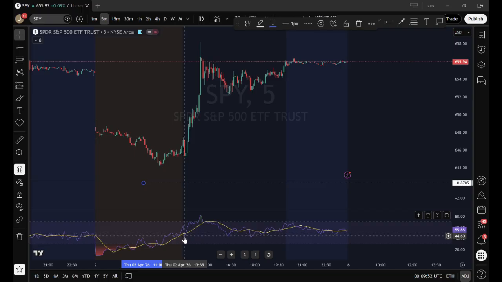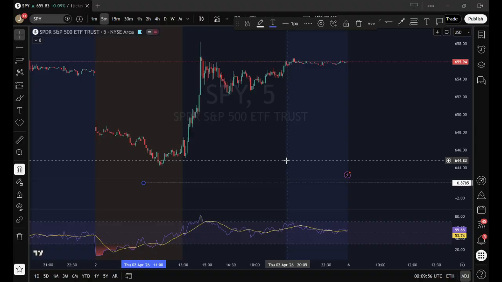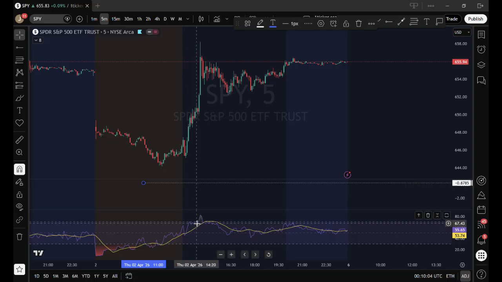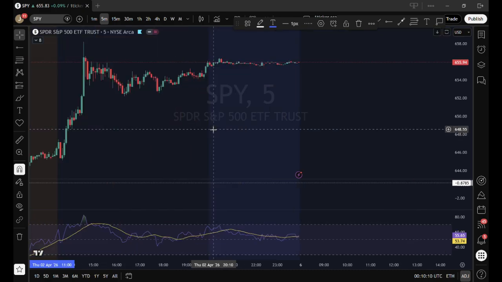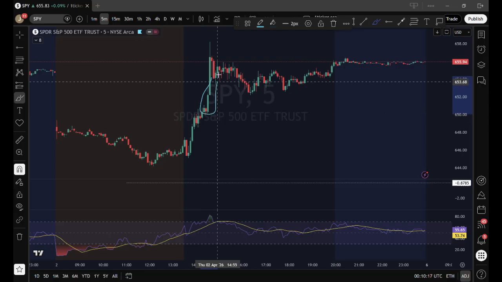You can see right here, when we get this color, the bluish black, whatever you want to call it, when we started moving up, our RSI started going up. It means we had the strength to get these candles right here.